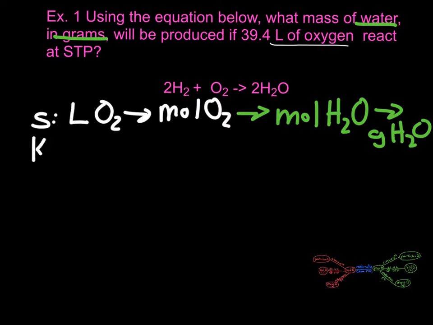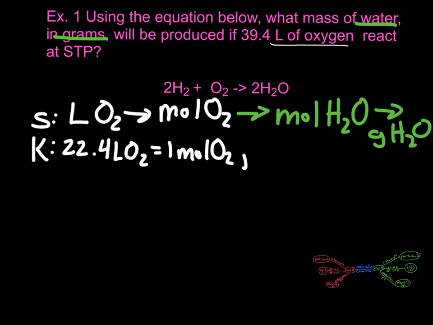Each arrow represents a step, okay? Let's look at our known values. Because we're at STP, we have 22.4 liters of oxygen equal to 1 mole of oxygen. Moles to moles requires us to build a mole ratio using the equation. There's a 1 coefficient in front of the oxygen, so 1 mole of oxygen will produce 2 moles of water.